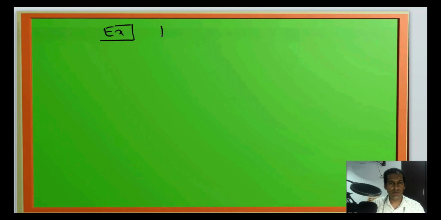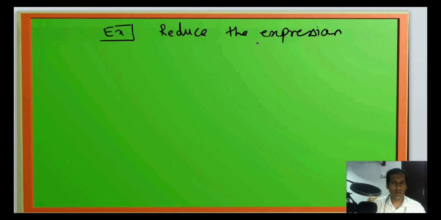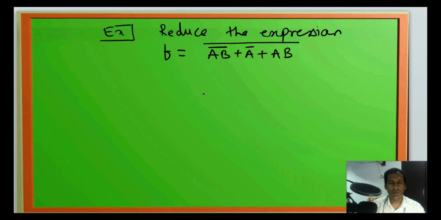Reduce the expression F is equal to AB bar plus A bar plus AB whole bar.